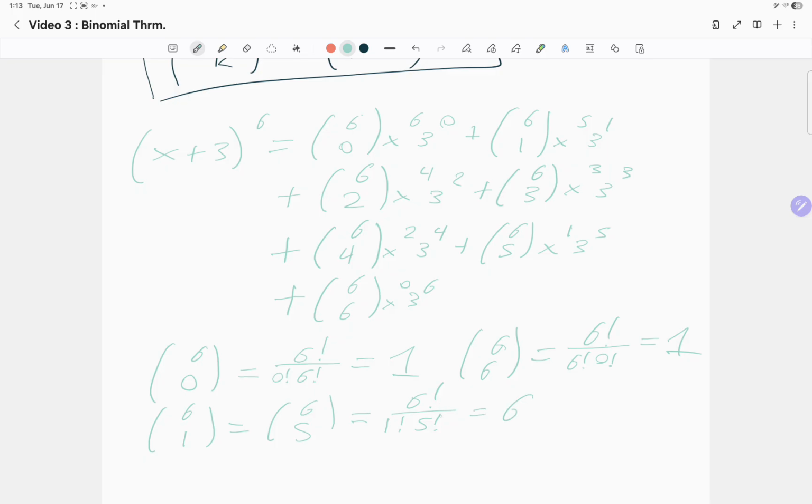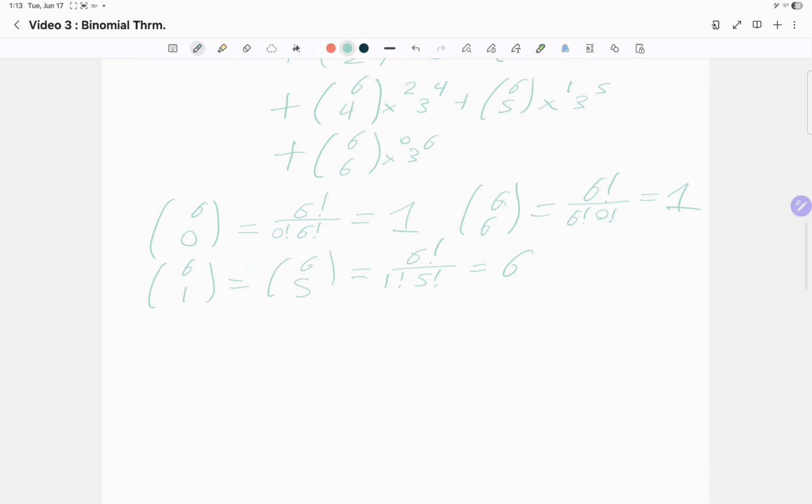It's 6 factorial times 5 factorial, and the 5 factorials cancel, so we get 6. If we continue now, we'll have 6 choose 2, which is equal to 6 choose 4, which is 6 factorial over 2 factorial, 4 factorial, which is equal to 6 times 5 times 4 factorial over 2 times 1 times 4 factorial. The 4 factorials nicely cancel, and 1, 2 cancels, and we get 15.